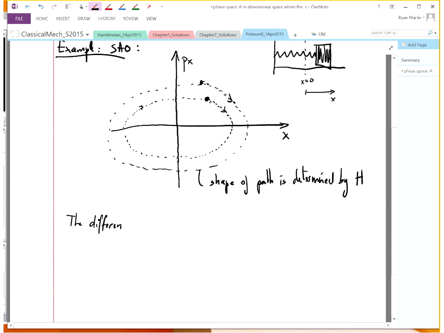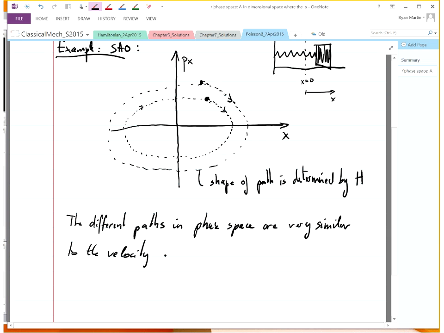So the different paths in phase space are very similar to the velocity lines of an incompressible fluid. Incompressible because if it was compressible, that would mean that two of the paths can intersect.